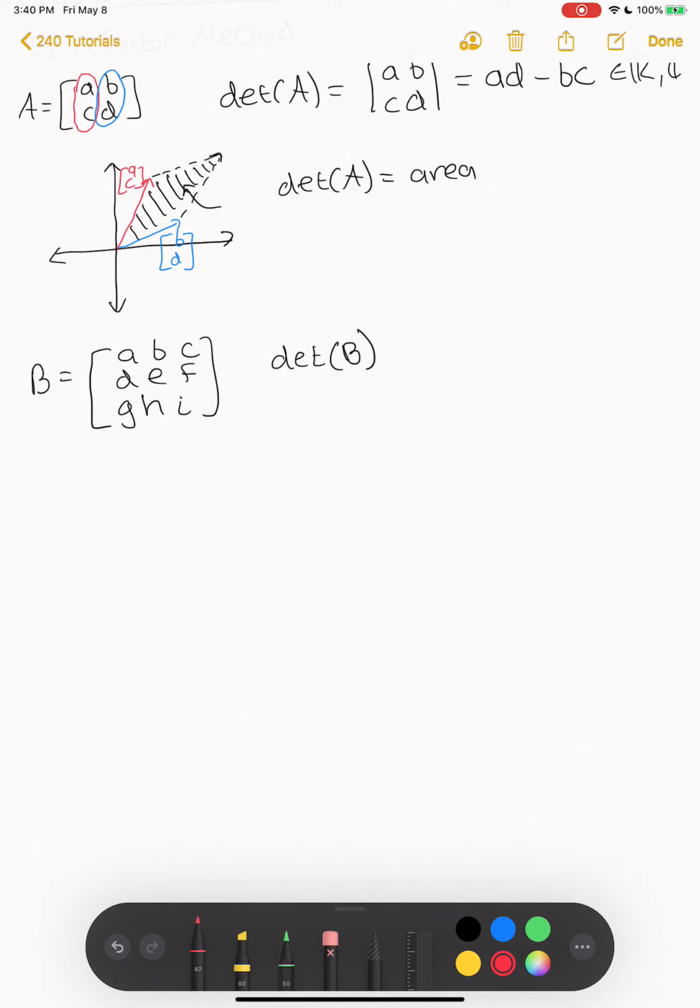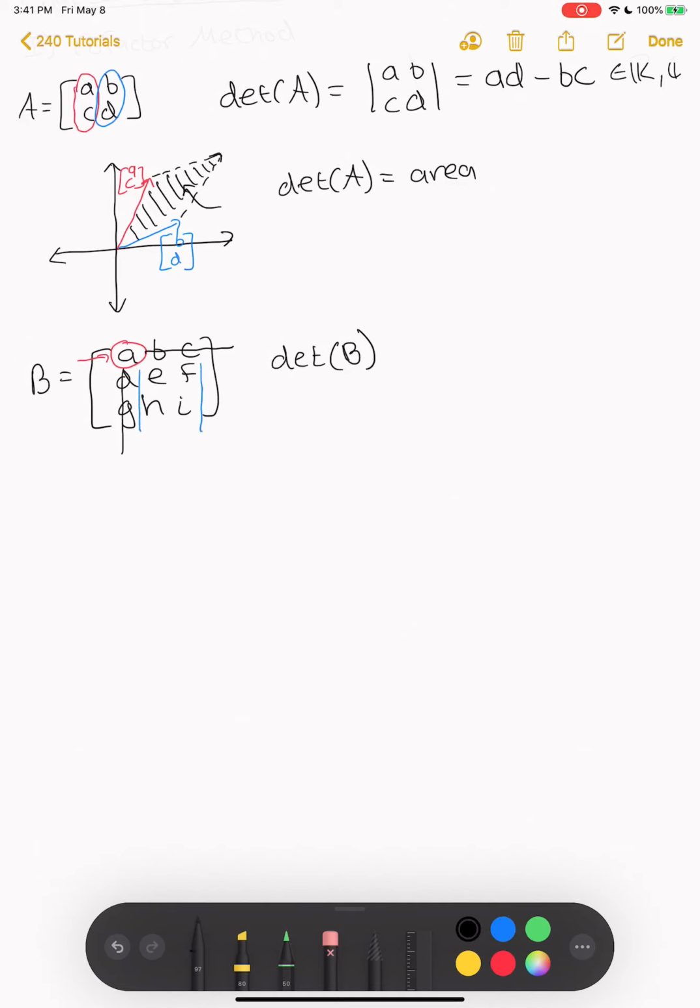So you pick a row, I'm going to pick the first row here, and I take a look at my first entry A. I completely ignore my column underneath it and my row to the right of it. And then what I'm left with is this little 2x2 determinant here that I can take.